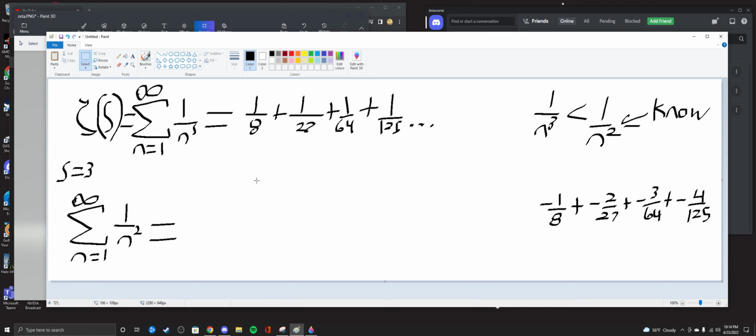Okay. So given these couple of terms here that we know, we can generalize the formula of negative. Hold on, let me rewrite that. We'll have negative n minus 1 over n cubed.